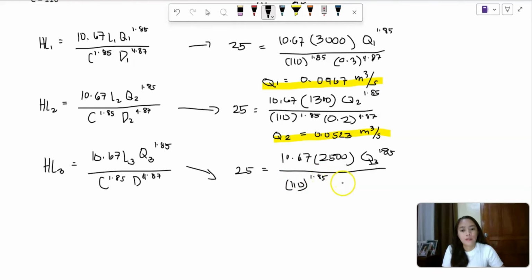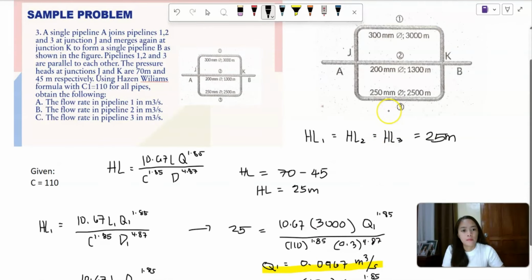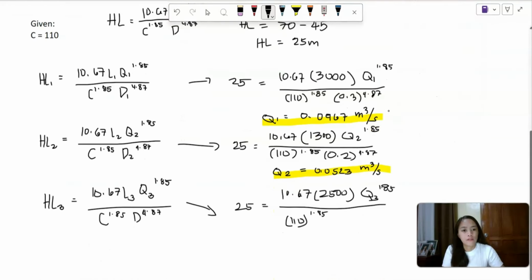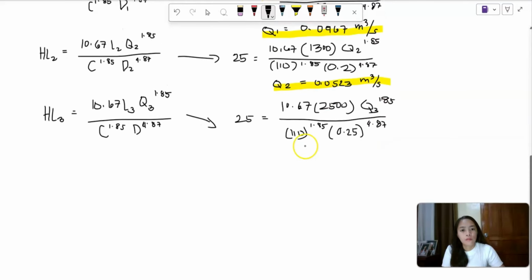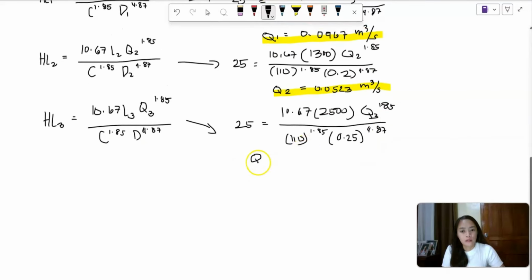Then the diameter of pipeline 3 is 250 millimeter, or equals to 0.25 meters, raised to 4.87. So input again in the calculator.